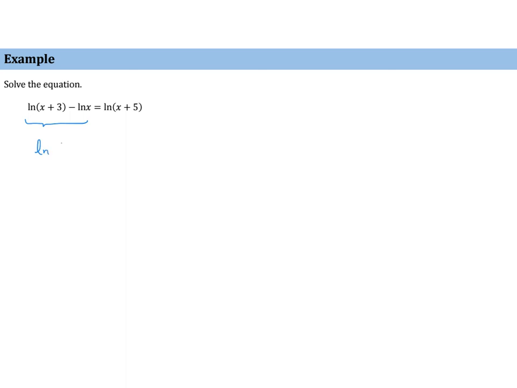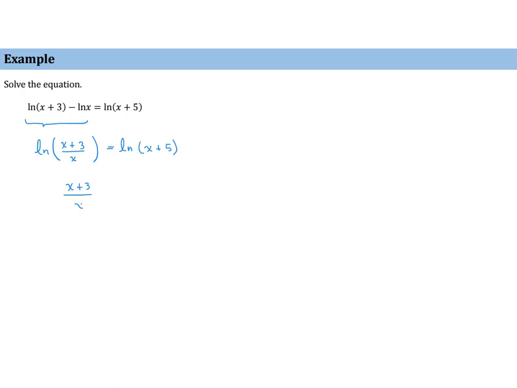So what we can do is we can divide their arguments. So we have x plus 3 over x. We're taking the natural log of that. Then on the right-hand side, we'd have just natural log of x plus 5 rewritten. Now we have 2 logarithms that are equal, so their arguments must also be equal.